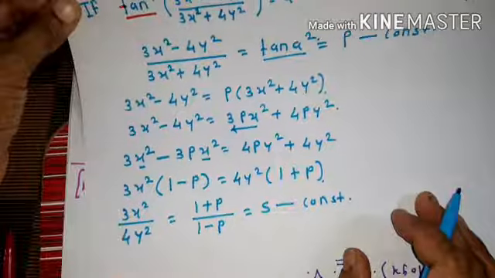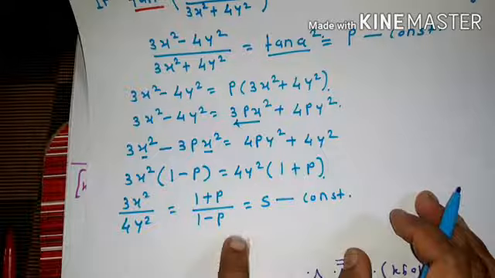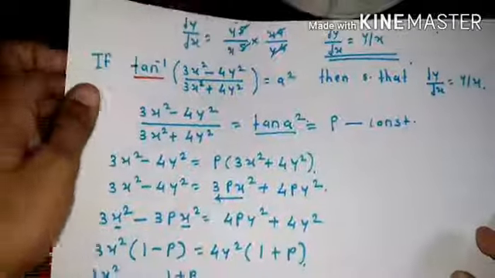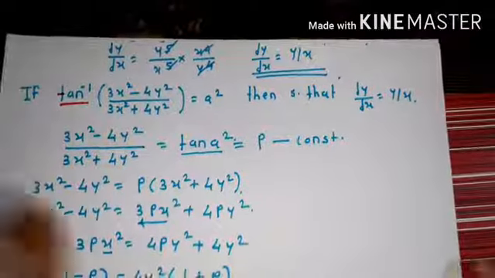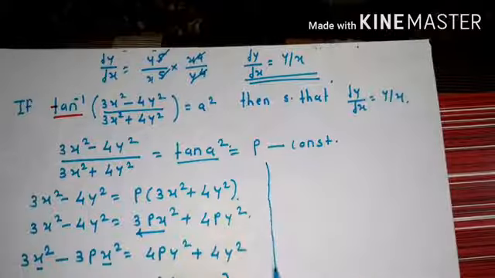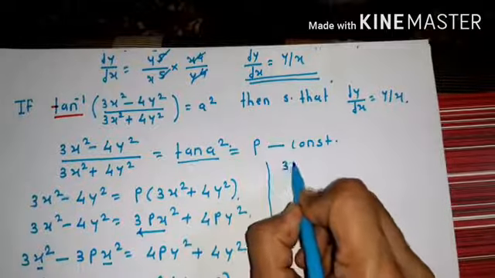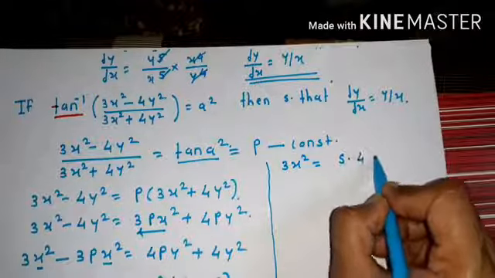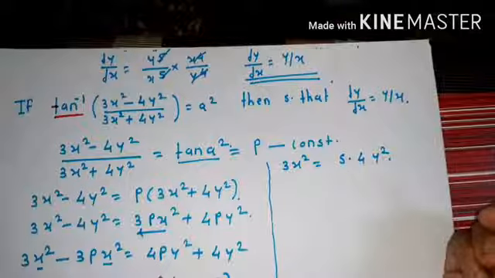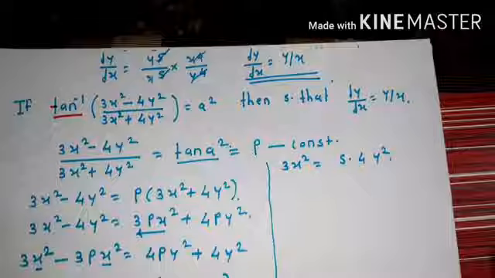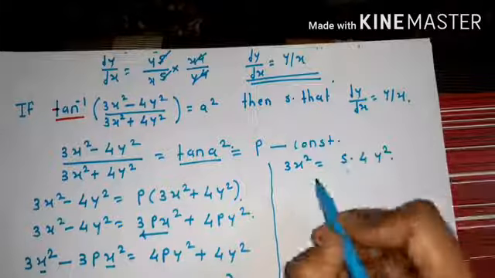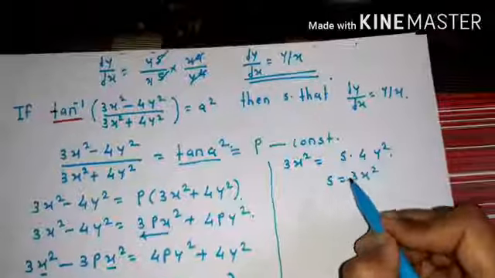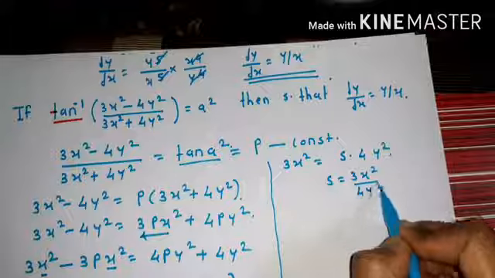So 3x² equal to s into 4y². And the value of s is 3x² upon 4y².